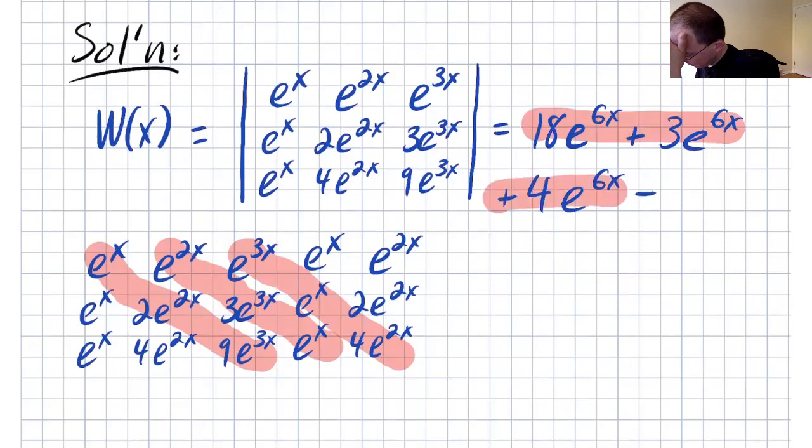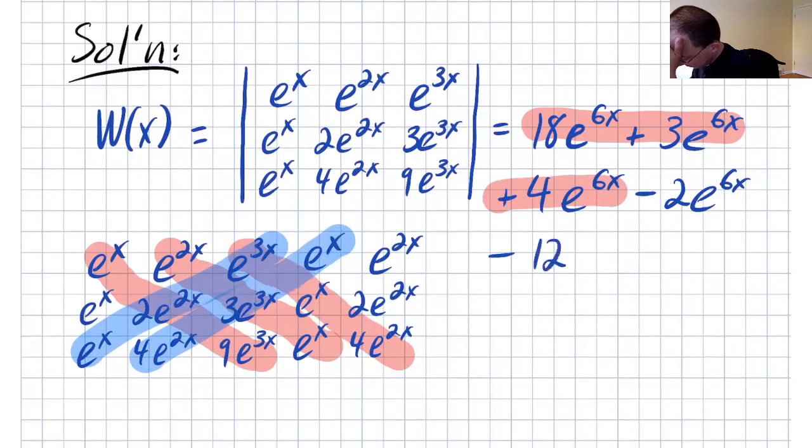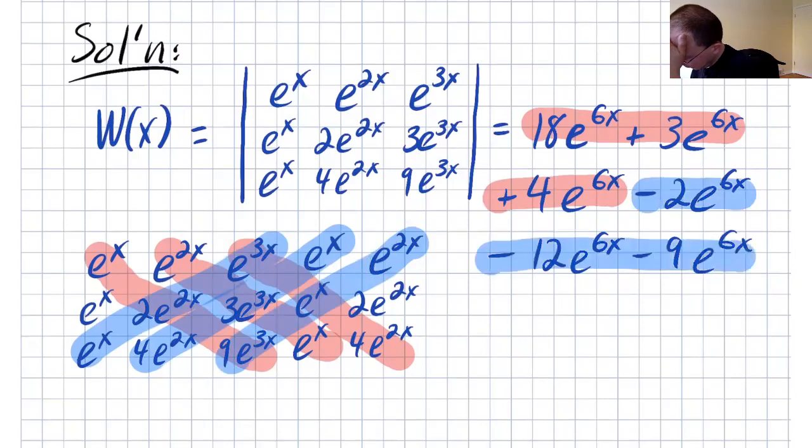And now we're going to do the backward diagonals. So we'll do this way. That is going to be 2e^{6x} minus 12e^{6x} and 9e^{6x}. Okay, so there's our backward diagonals.